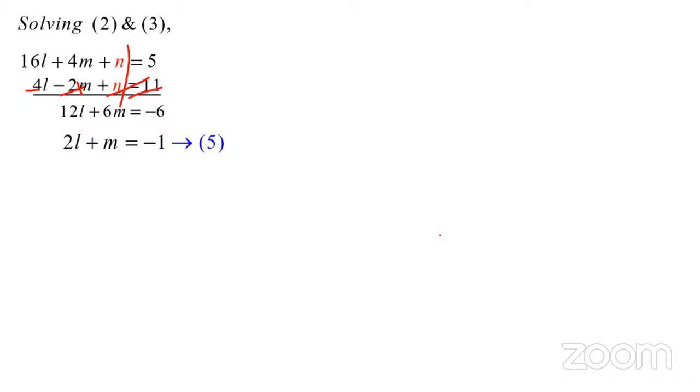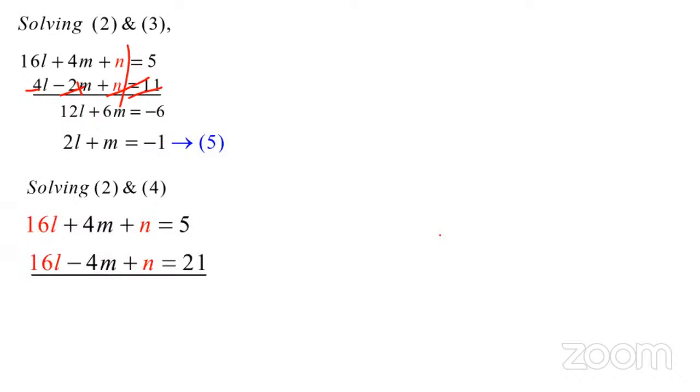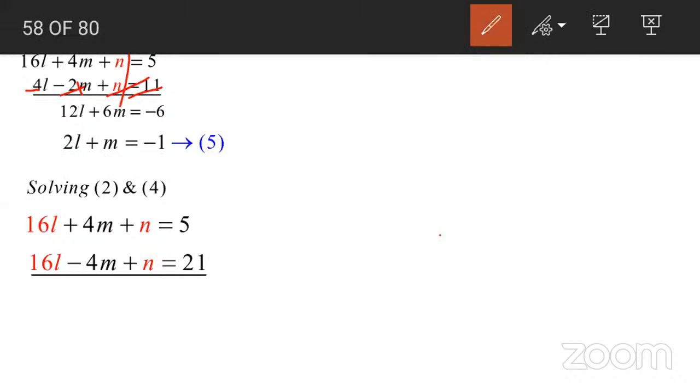Now solve 2 and 4, for easy purpose. 16L plus 4M plus N equals 5, and 16L minus 4M plus N equals 21. Just subtract these. The L and N terms are cancelled.